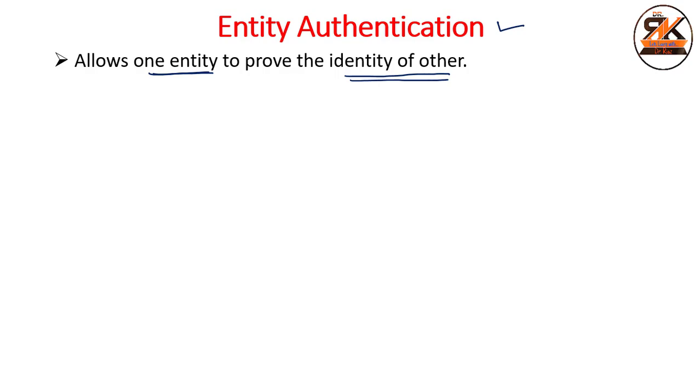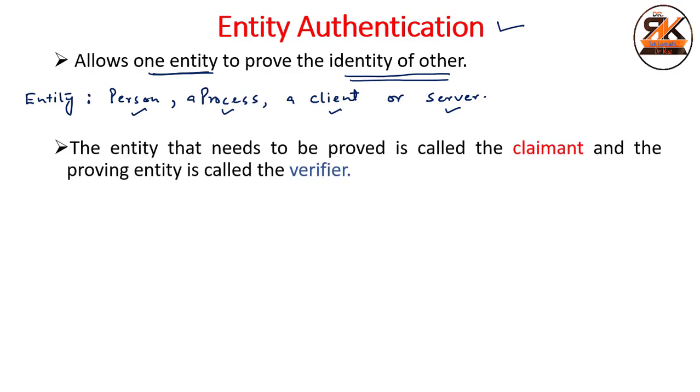In this case, an entity can be a person, it can be a process, it can be a client, or it can be a server. So here one entity tries to prove the identity of the other, and which gives us the entity authentication. And the entity that needs to be proved is called the claimant.